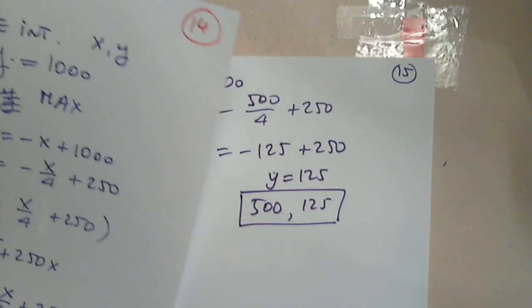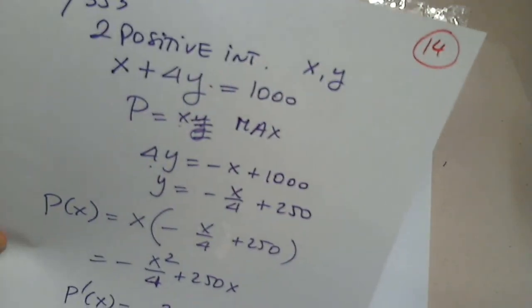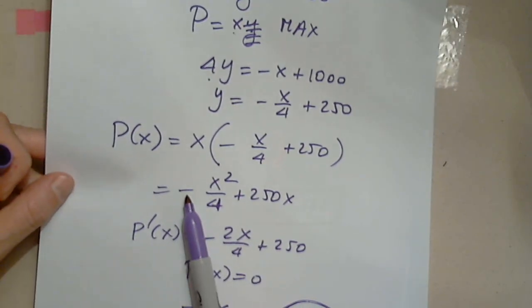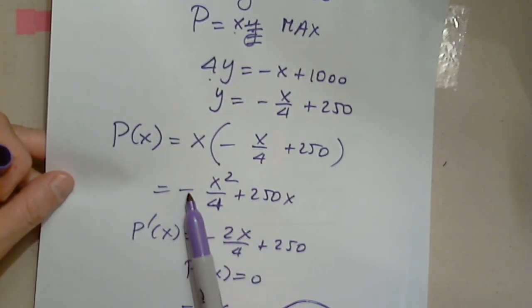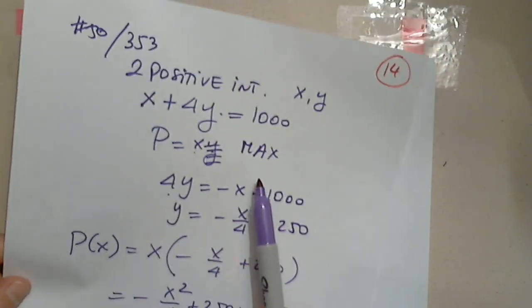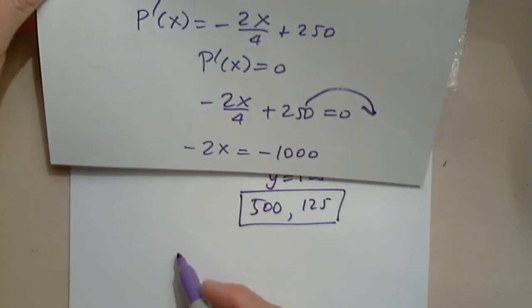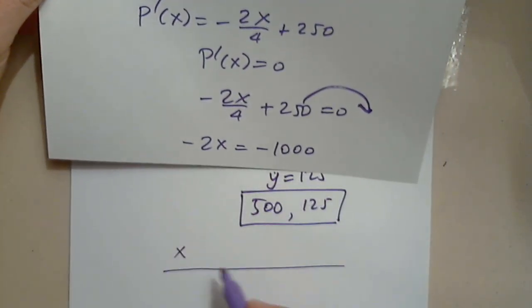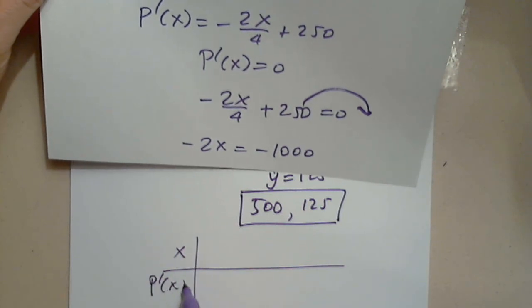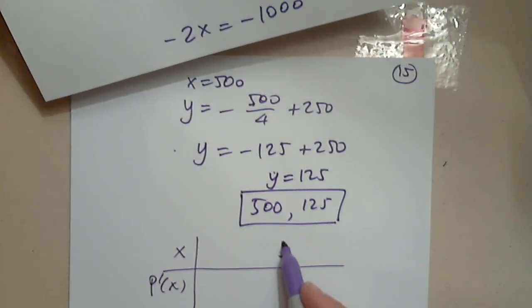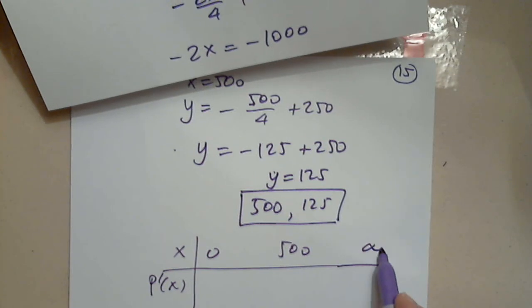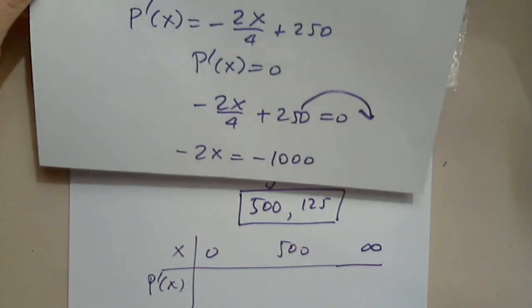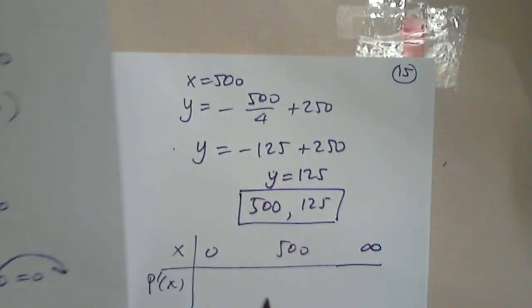You can say that's fine, but you haven't proven anything. Well, that's true. However, I proved the fact that this has a maximum because the leading coefficient is negative. So I know that. But with calculus, I will do this, p prime of x, and 500. And that's not possible. I just put infinity there, but of course it's not.